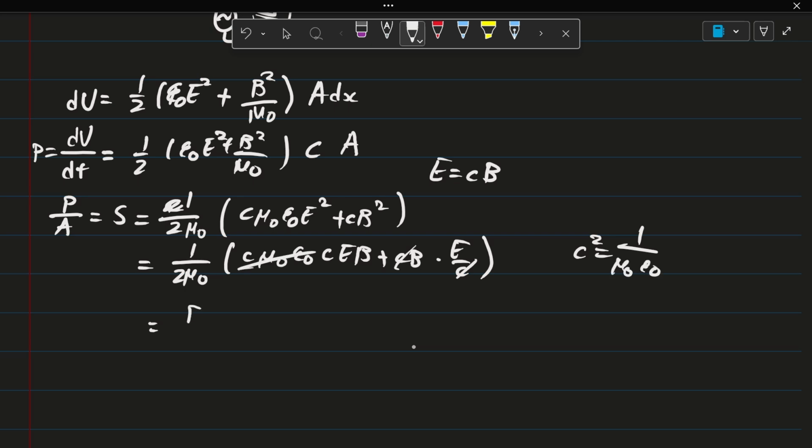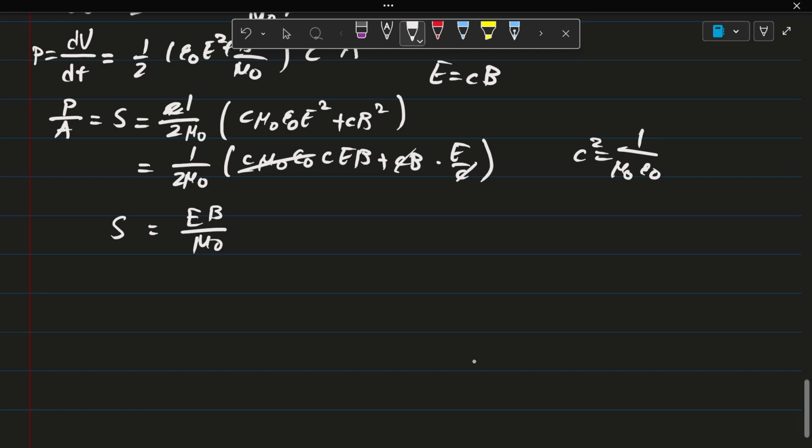What we'll get is that this EB over mu 0 is our intensity, which we could also call our Poynting vector magnitude. The Poynting vector tells you where the wave is pointing, as well as its power density, pretty much.